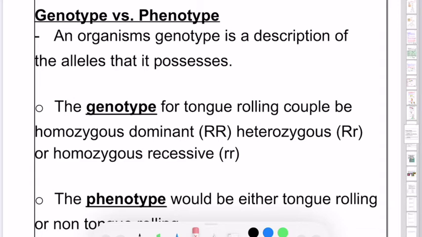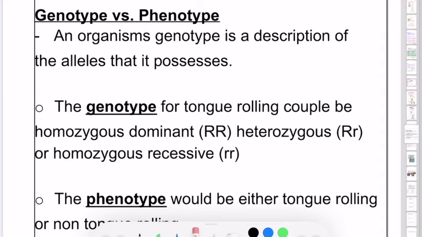So it says genotype versus phenotype. It says an organism's genotype is a description of the alleles that it possesses. So that's our genotype. So it's all the alleles. It's at the gene level, which we already talked about here.